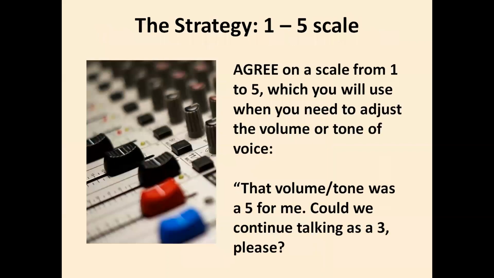So one strategy is to have a 1 to 5 scale. Of course, no scale is useful unless we agree on what it means. So first of all, we have to agree on a scale from 1 to 5. It can be from 1 to 10 or whatever we want, but 1 to 5 seems to be enough.